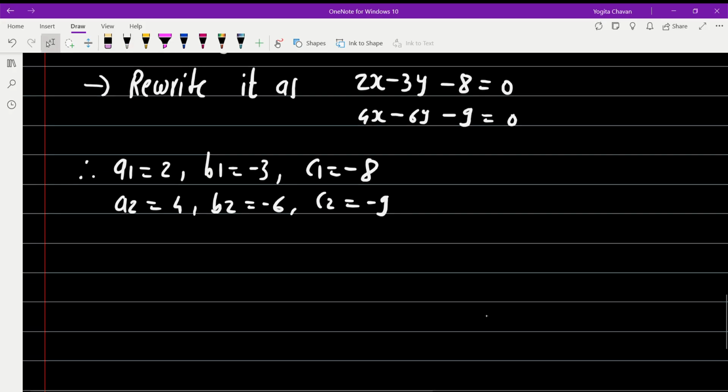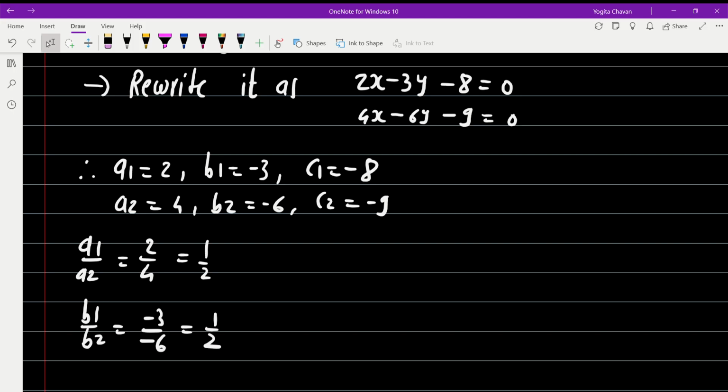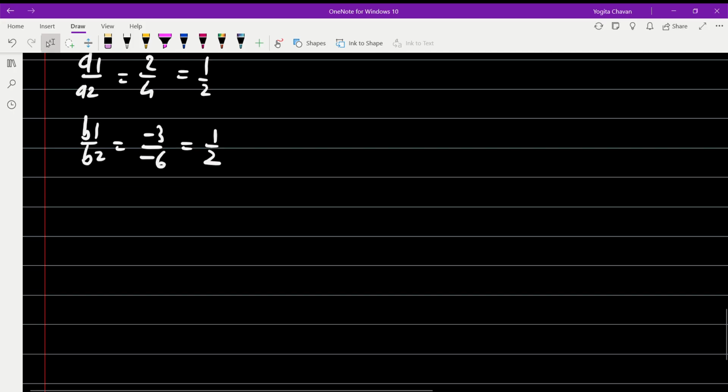Now compute ratios. a1 upon a2 is equal to 2 by 4, which is 1 by 2. What is b1 upon b2? It is minus 3 by minus 6. So it is again 1 by 2. And then c1 upon c2 is equal to minus 8 by minus 9. So it is 8 by 9.